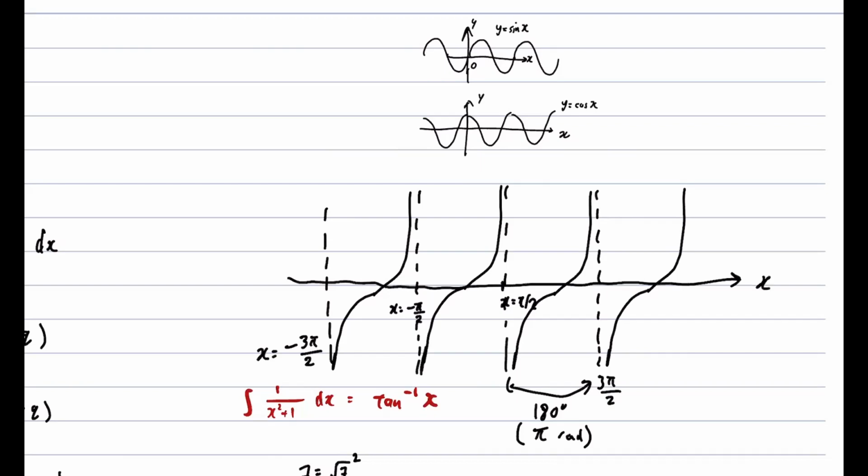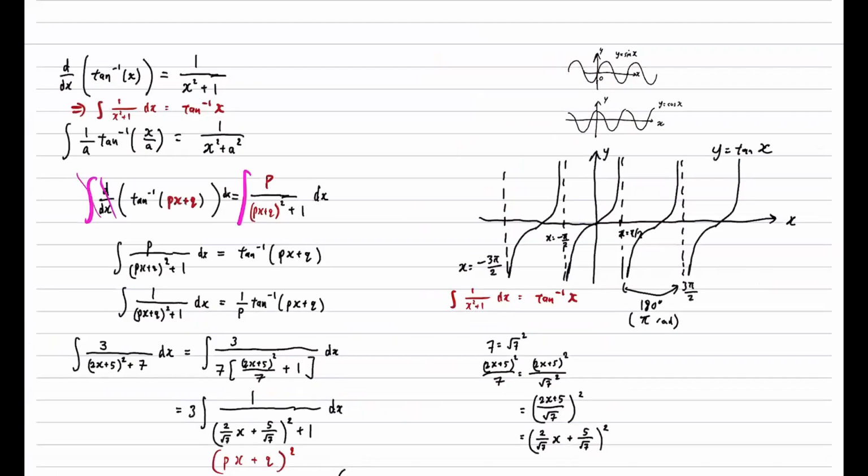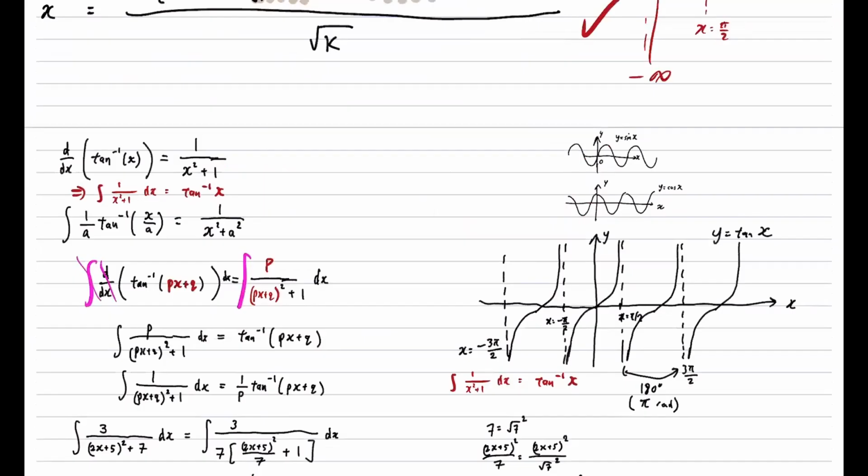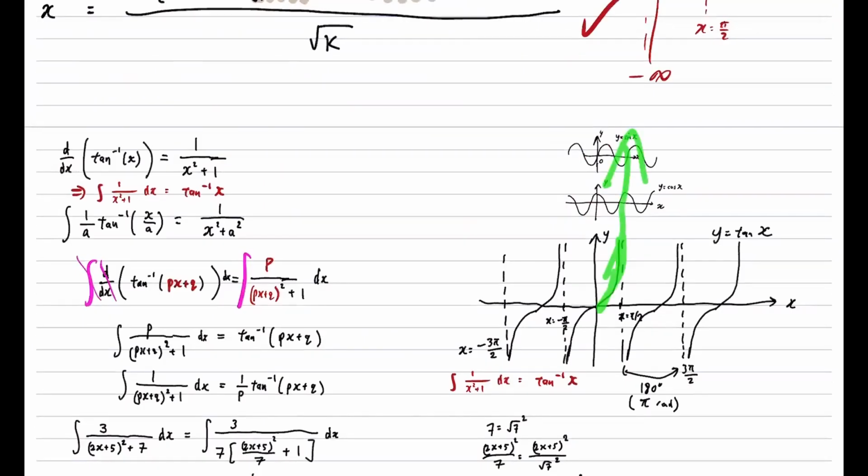The point I was trying to make is that since y equals tangent x goes on to infinity, what does that mean about your x value? The tangent graph goes on to infinity when it reaches pi by 2.